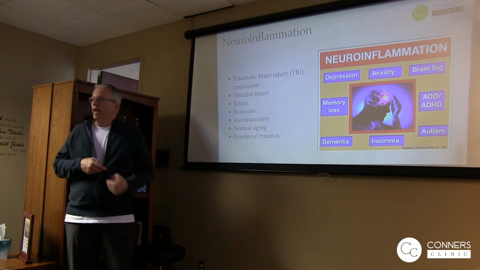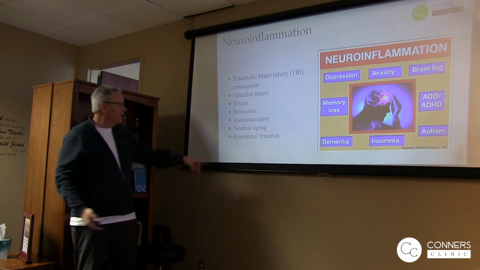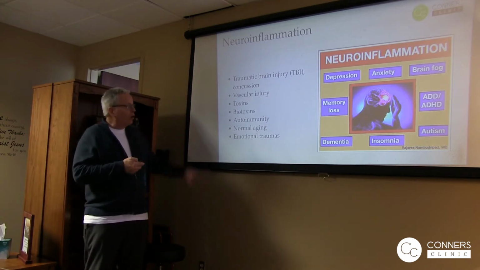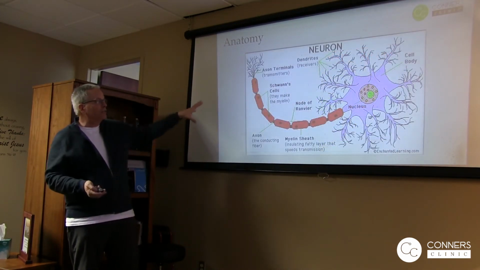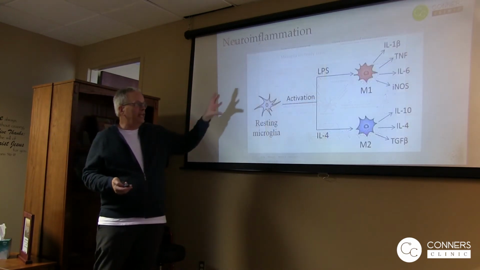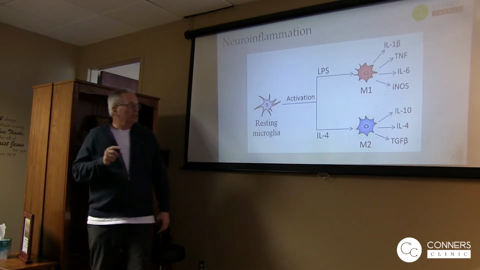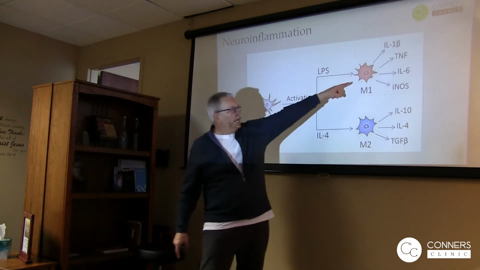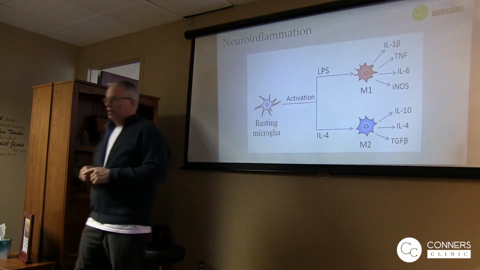Aging, as you age, you're getting more of your microglial cells primed. Emotional traumas. All those things cause this priming of the microglial cells, and then they're either going to be in that M1 state or in the M2 state. And we're going to talk about some things that can push M1 state microglial cells to M2 state microglial cells.